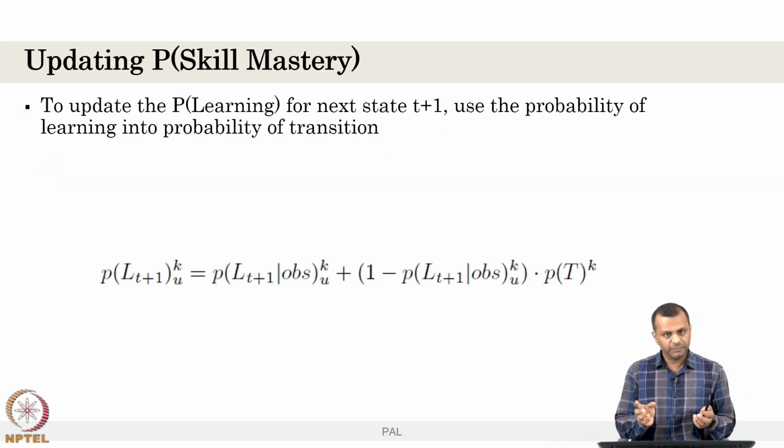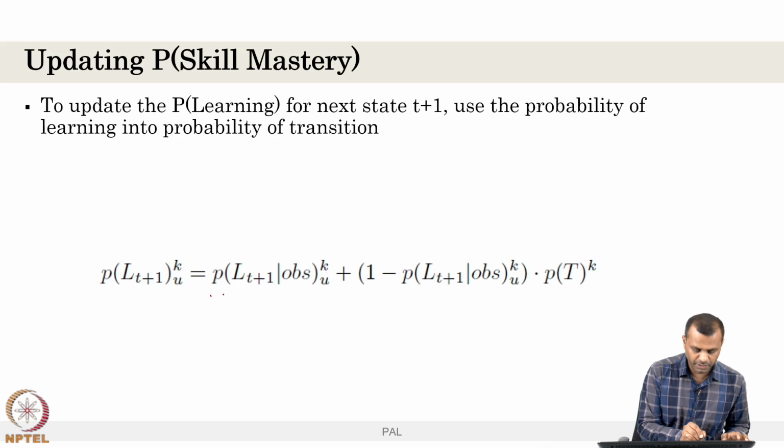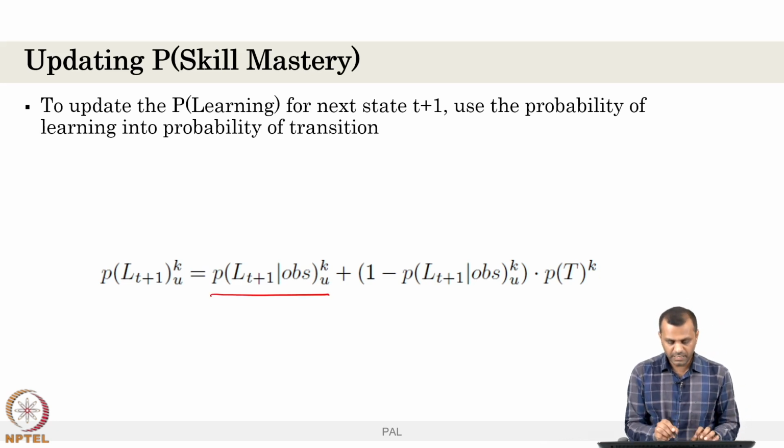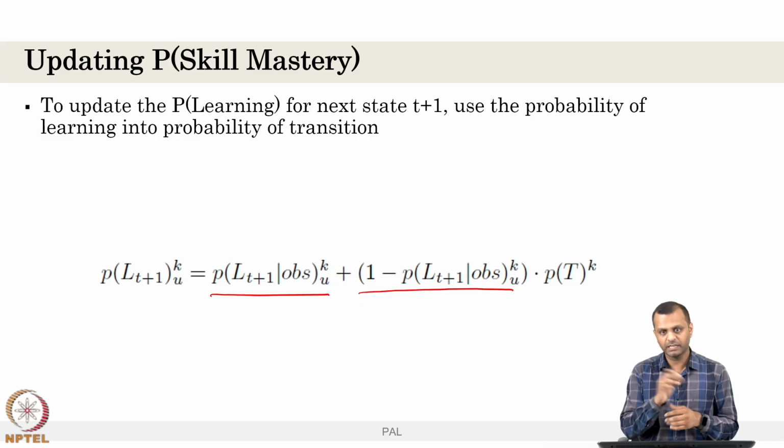So together, if I want to update the current state of the learner for the next state t plus 1, we take the value based on the observation, right or wrong, of what is the learning, plus the opposite, the not learning, that we have not measured.